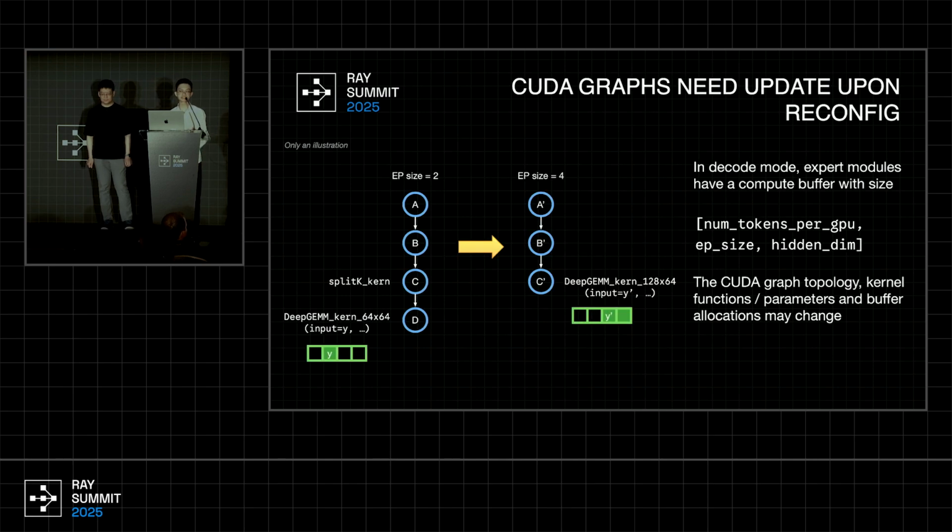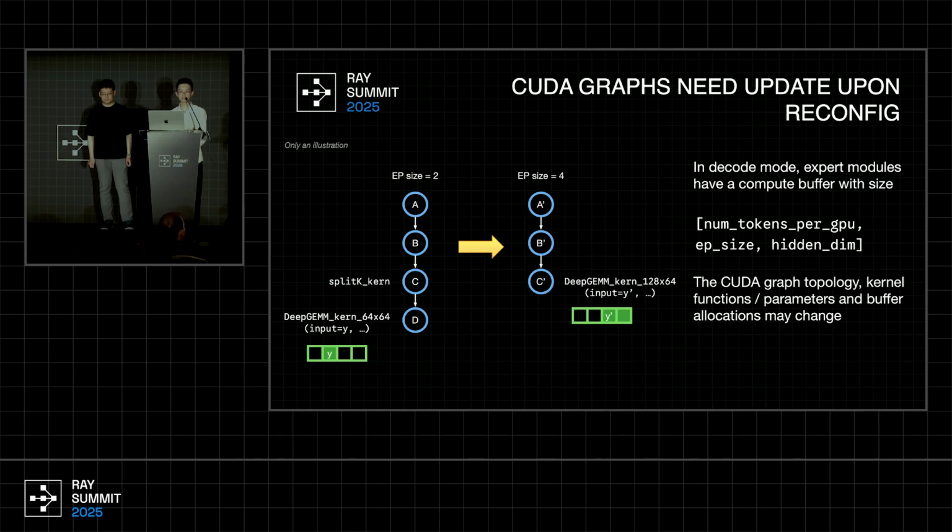And after we get this sense of why graph capture is slow, let's see why we need to actually update the CUDA graph. Because in decode mode, the expert modules have a compute buffer size that is basically proportional to the GPU size in the inference group.